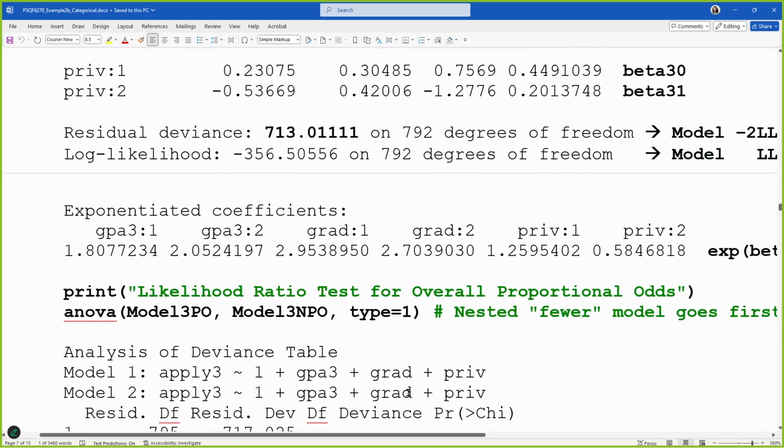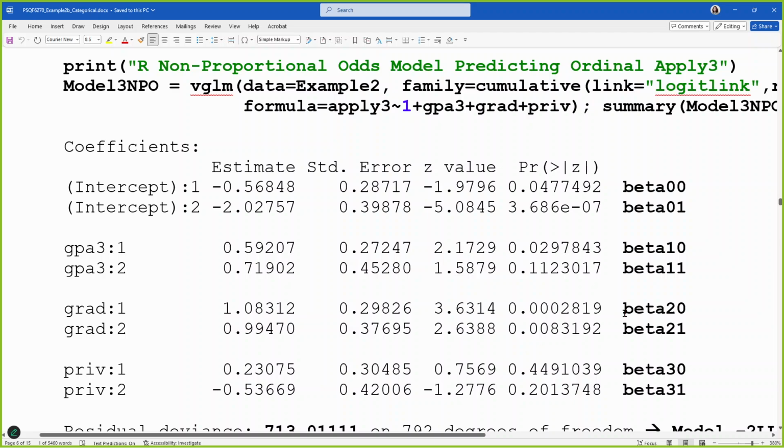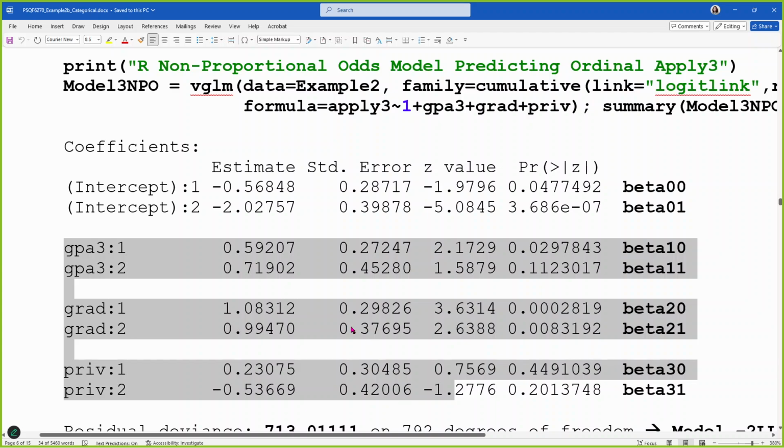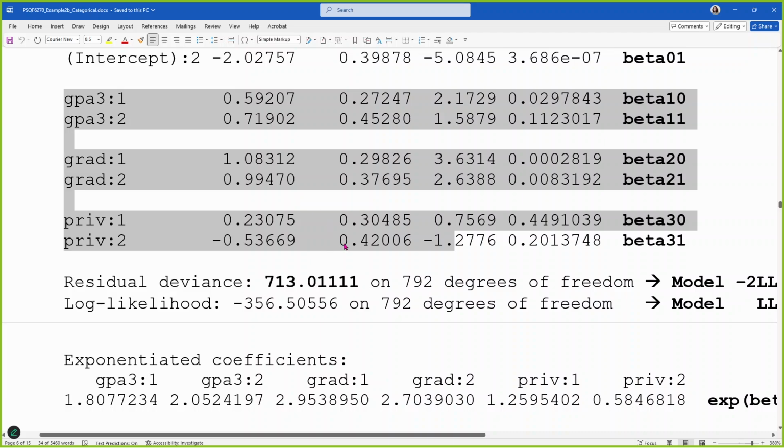So we talked about how this would grow very quickly. If I had 3 submodels, like if I had a 0, 1, 2, 3 outcome, how many slopes would be in this table? If I were predicting a 4-category outcome instead of a 3-category outcome, how many slopes would be added to this table?